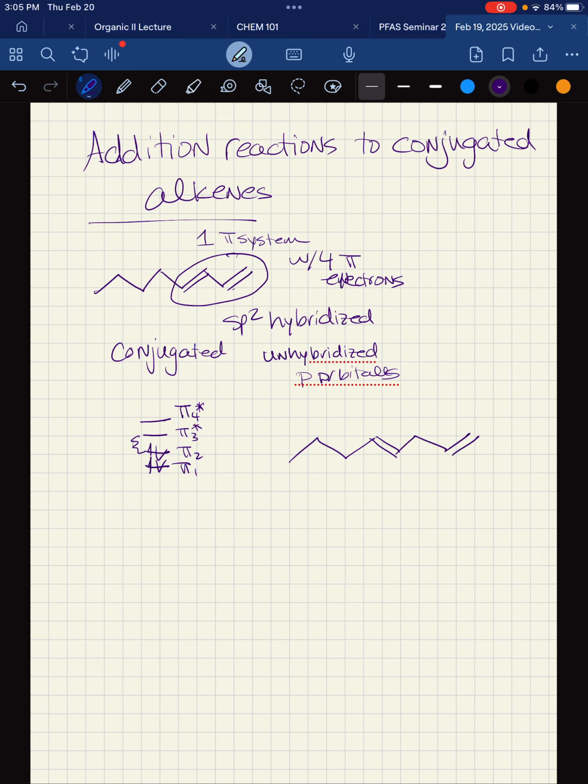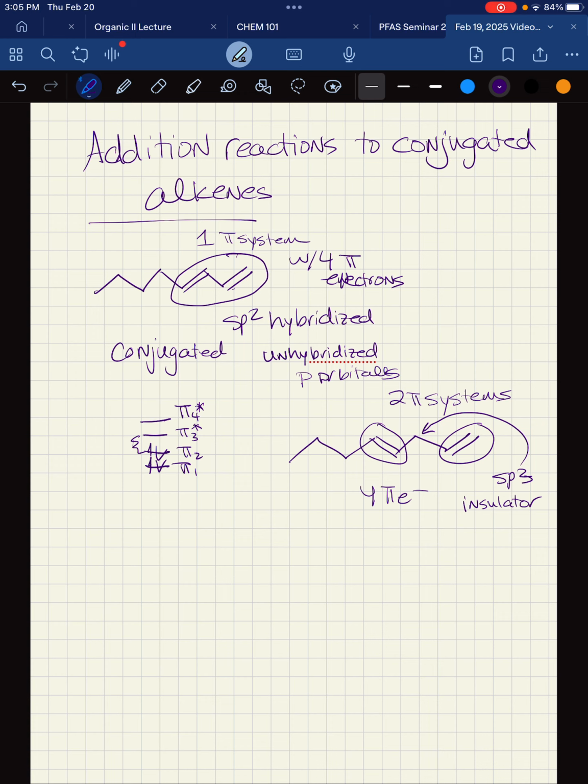We can also have a system like this where we have 4 pi electrons total, but we have 1 pi system here and 1 pi system here, because this carbon atom here is sp3 hybridized, and this basically tends to work as an insulator and insulate these 2 pi systems from each other.